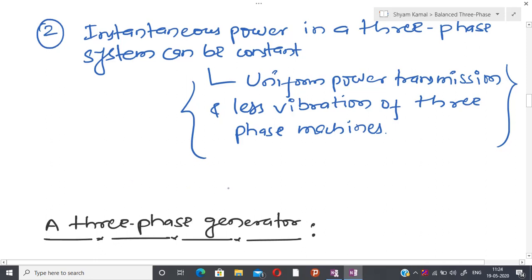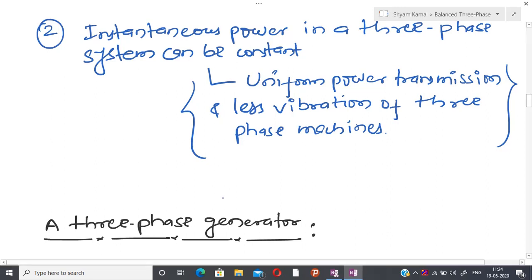And third point, for the same amount of power, the three phase system is more economical than the single phase. Also, the amount of wire required for a three phase system is less than that required for an equivalent single phase system.